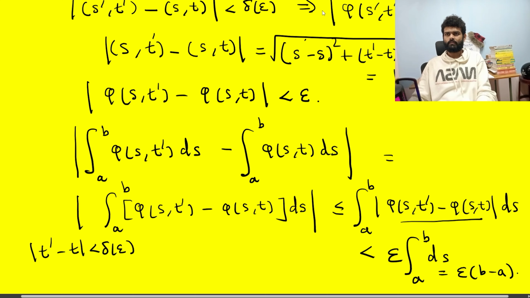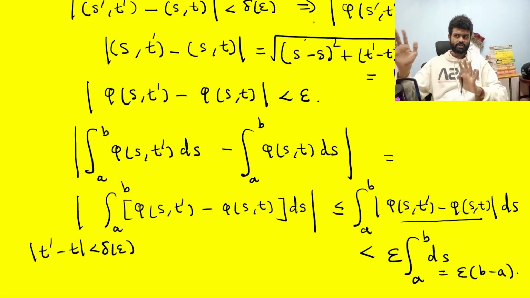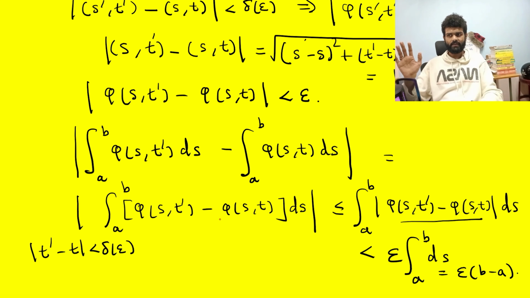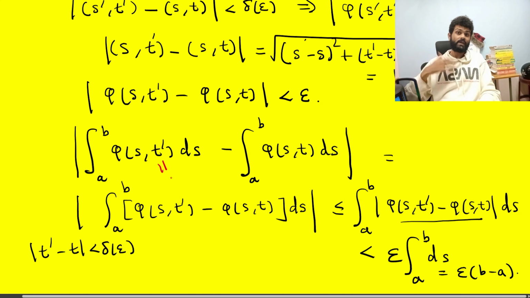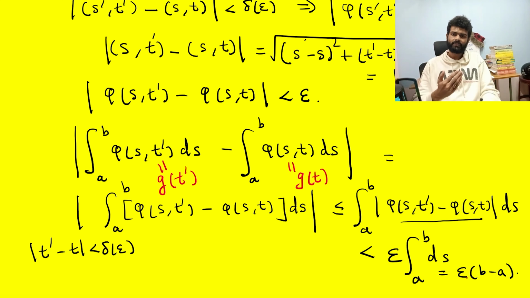So if you pick t' and t which differ by less than delta epsilon, then this particular integral which we had defined before, g(t') and g(t), differ by at most epsilon times b minus a.